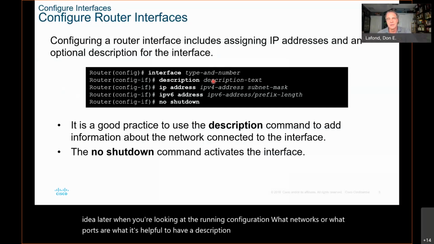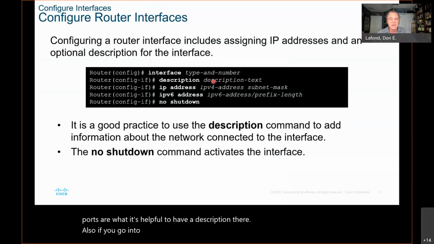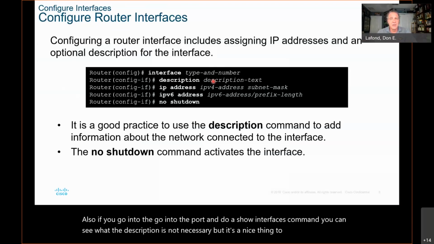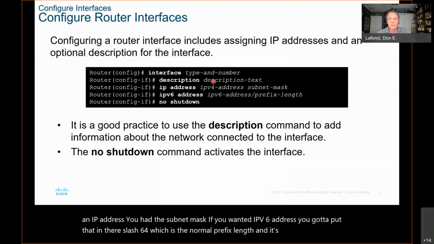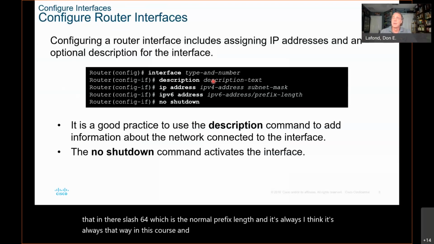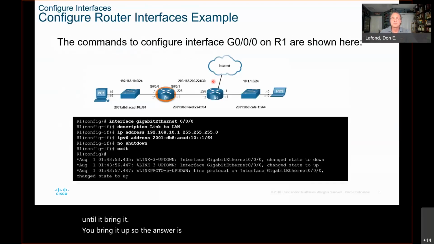Also, if you go into the port and do a show interfaces command, you can see what the description is. Not necessary, but it's a nice thing to have. Then you give it an IP address, you add the subnet mask. If you want an IPv6 address, you've got to put that in there, /64, which is the normal prefix length. And I think it's always that way in this course. And then no shut. Again, remember, a router is down until you bring it up. So the answer is no shut brings it up.